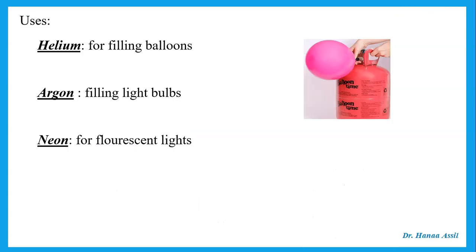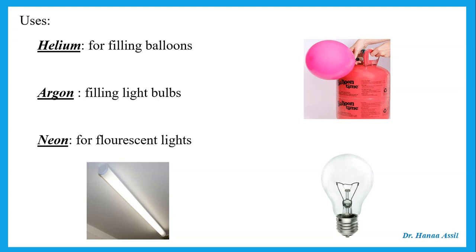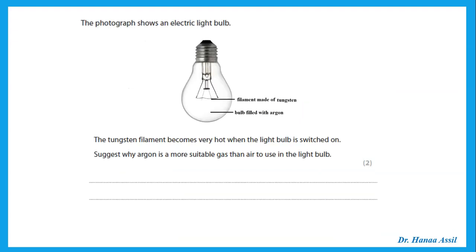Remember that helium is used for filling balloons, argon is used for filling light bulbs since it is inert and will not allow the filament to burn. Neon is used for fluorescent lights. So if we say that we have a light bulb, it contains argon.